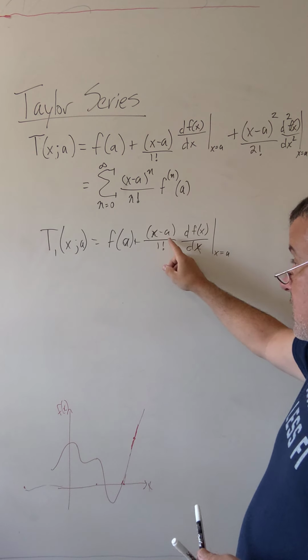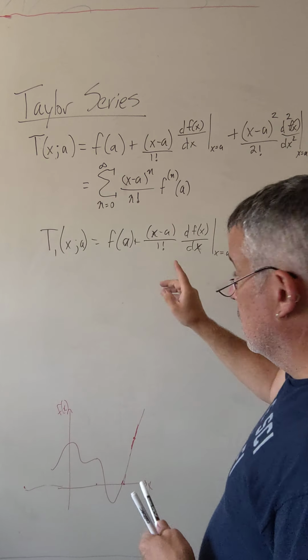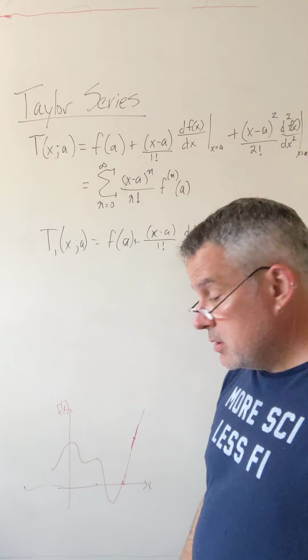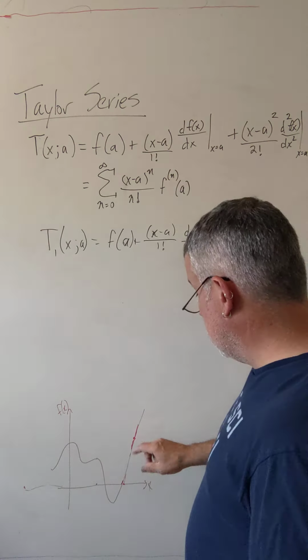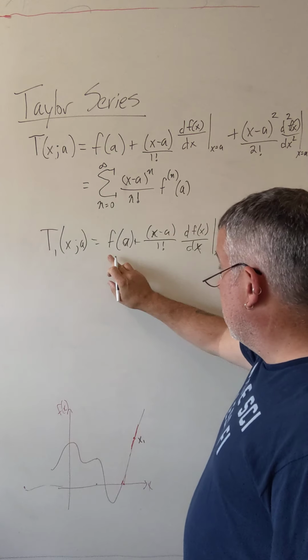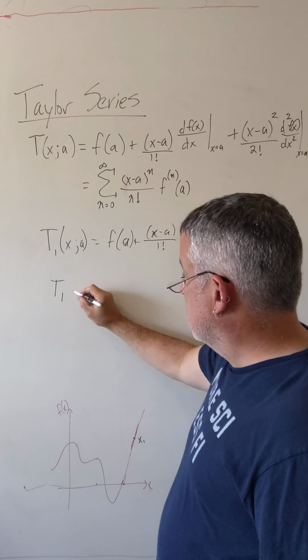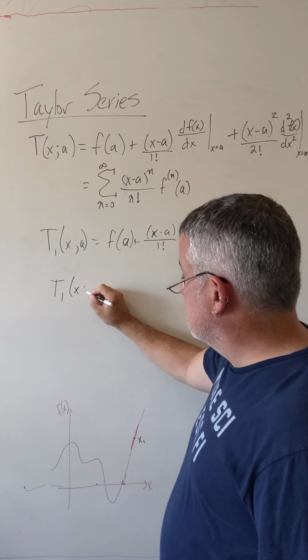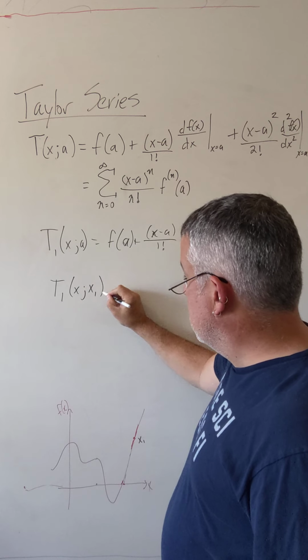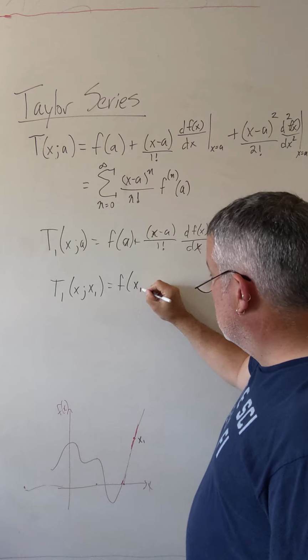Okay, so let's now think about what we want to choose for a and what we want to choose for x and what our goal is. Suppose our first guess, let's call it guess number 1, x1, is this one. We're going to do the tangent near that. So let's write now the first order Taylor series of x1, which is equal to f of x1.